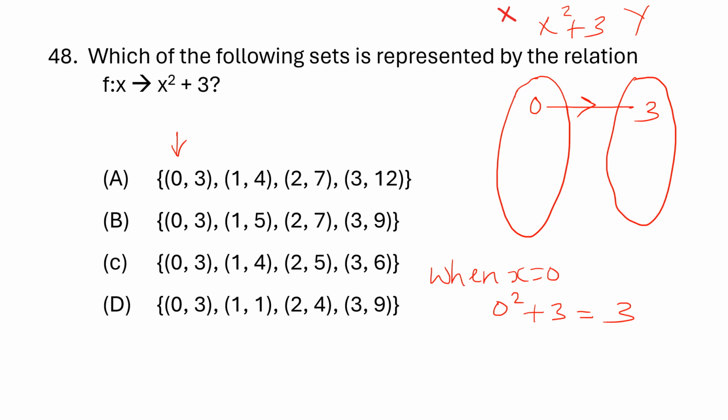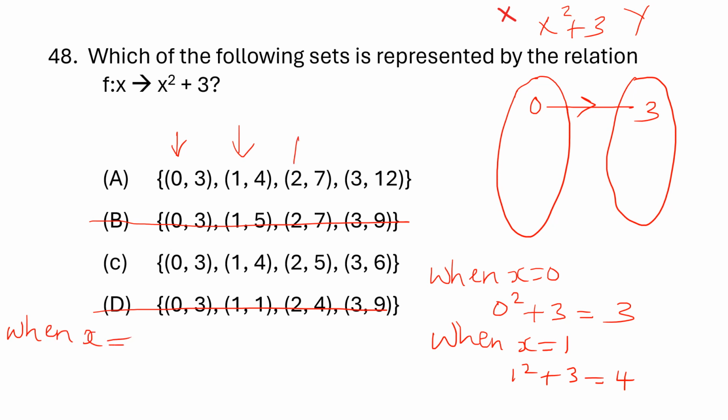So that's all of the answers, A, B, C, and D. Let's say when x is equal to 1, which is the next value, we're going to get 1 squared plus 3, which is 4. So that eliminates B, and that eliminates D. So we may have to do it one more time. When x is equal to 2, we're going to get 2 squared plus 3.